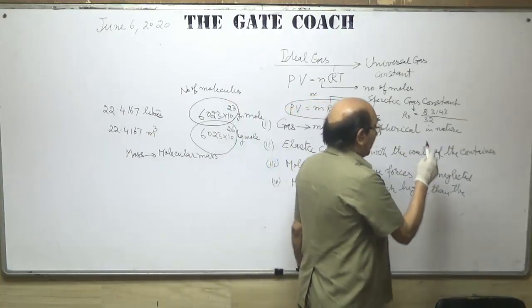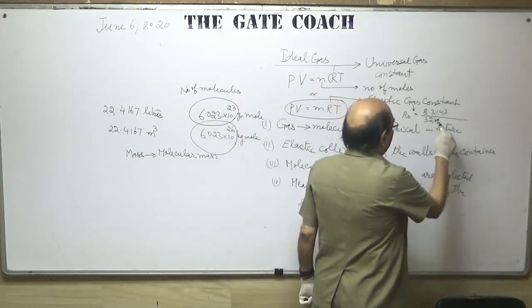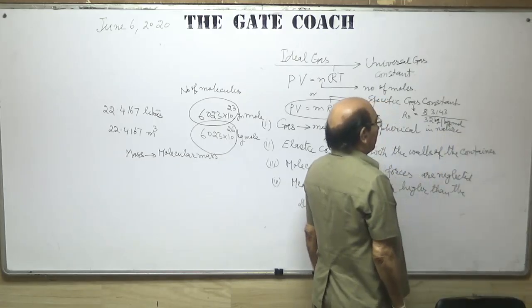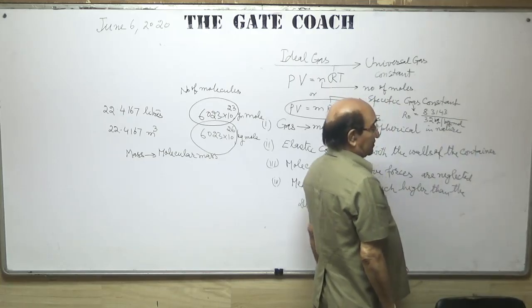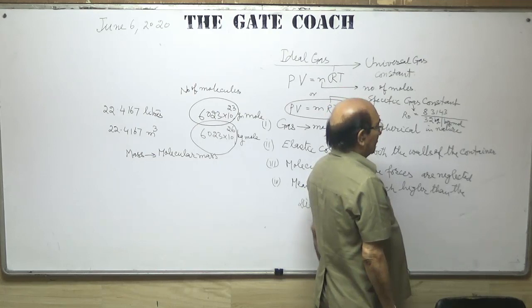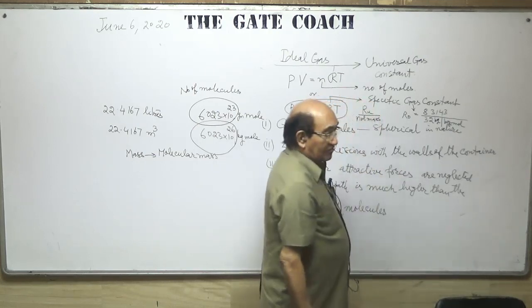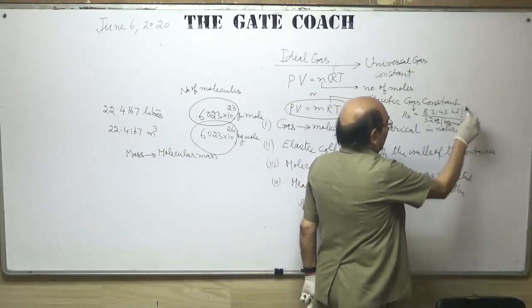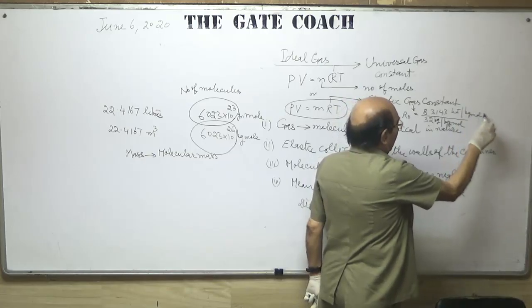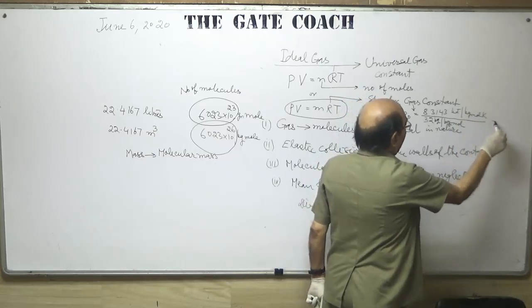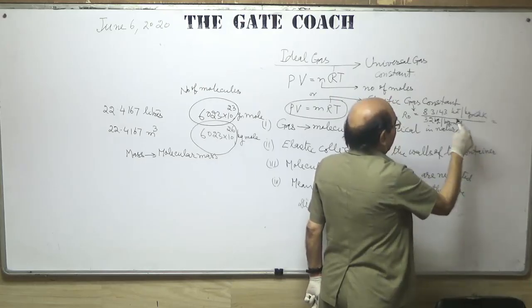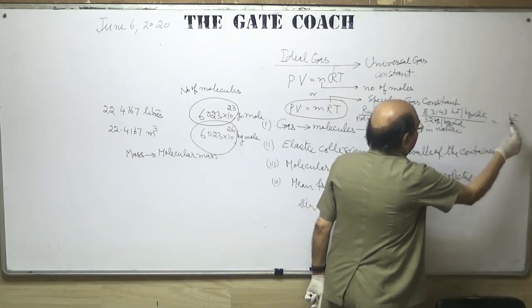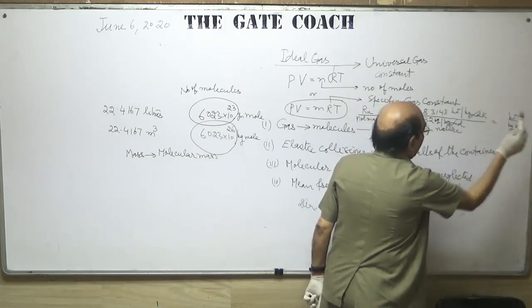It is gram per gram mole or kg per kg mole. And the unit of universal gas constant is joule or kilojoule per kg mole Kelvin. So kg mole and kg mole shall get cancelled and I will be getting the result in terms of kilojoule per kg Kelvin.